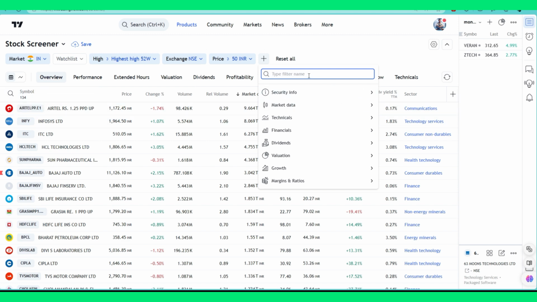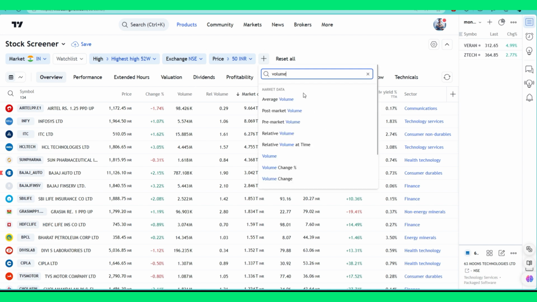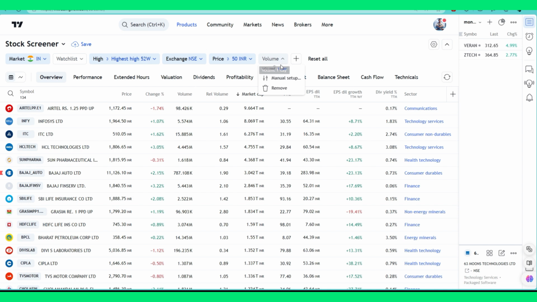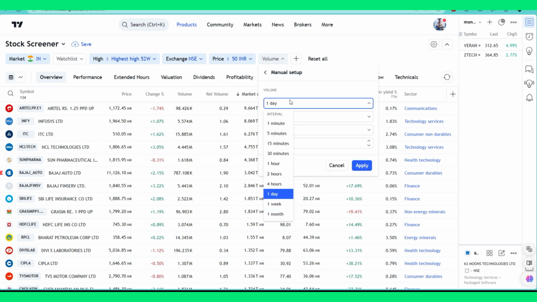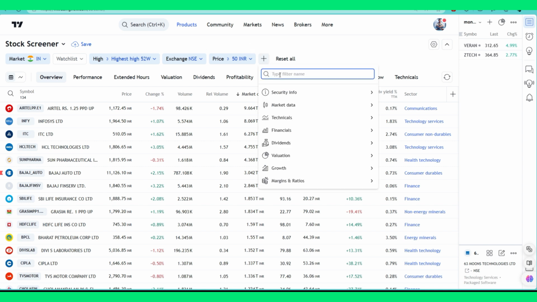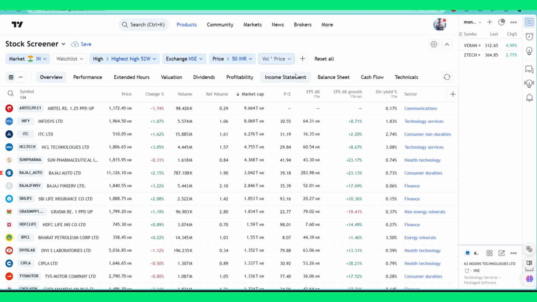Now I want volume. Price, volume in the price of 1 day, add filter, and I want manual setup.